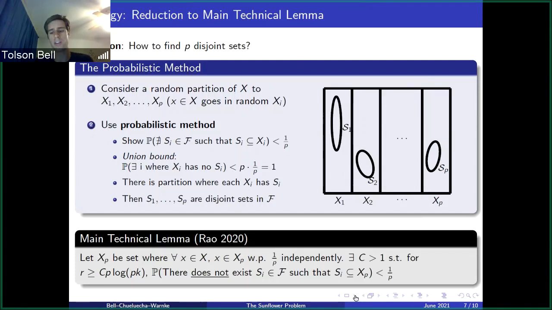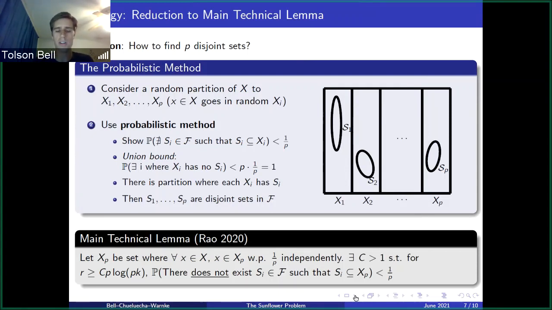Again, analysis of algorithms: how this lemma is proved is actually an algorithmic argument. It's this nibble argument. We slowly grow this set until it gets to 1 over p of the total size, and we analyze the probability of failure at each step. So we analyze that algorithm. So that's another way this ties in. But basically, this lemma is exactly what we need. For this r now, we choose it to be p log pk, right?